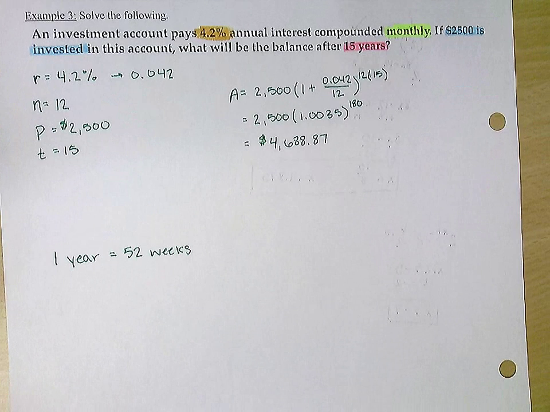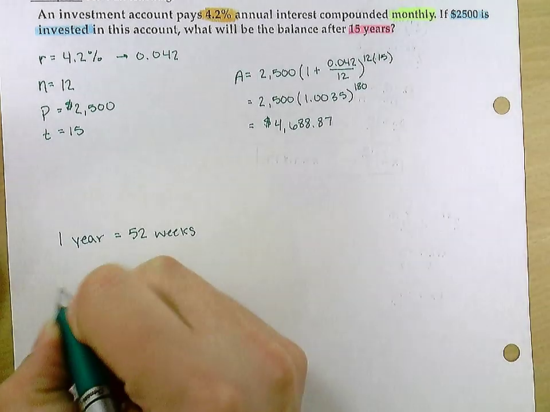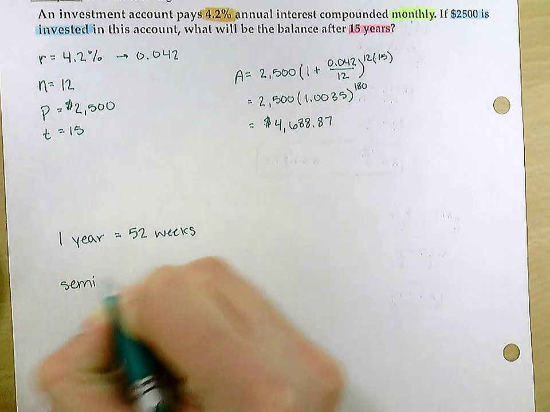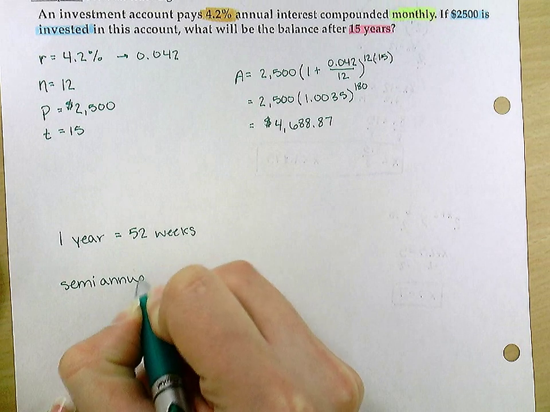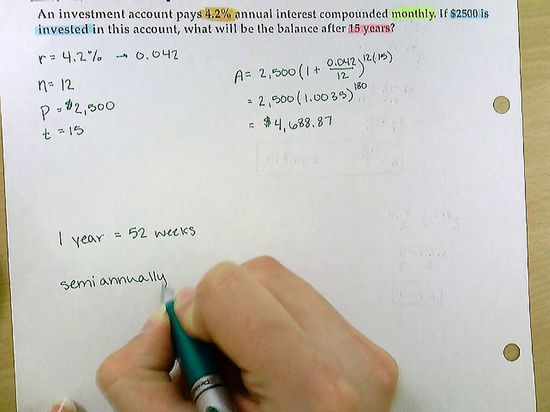If it says it's compounded biannually or semi-annually, that would be twice in 1 year. So N would be 2.